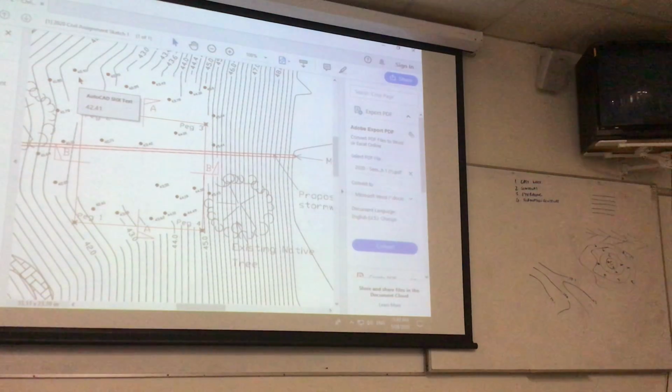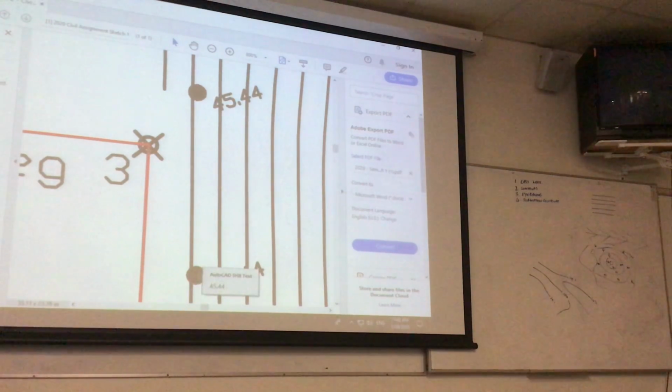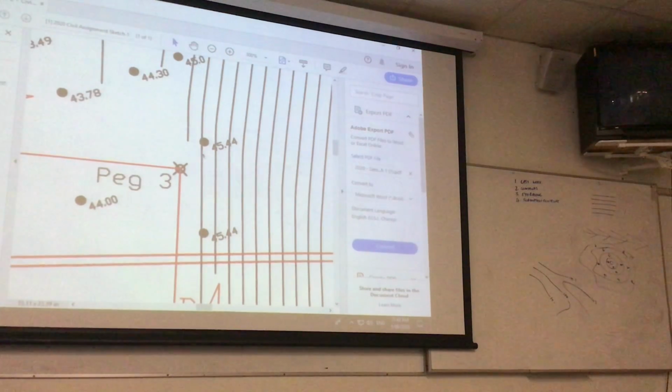Okay, and these ones over here, which are on the wrong side of an existing contour, don't need to be used at all. They're kind of like another little tricky one that I put in there. Because they're on the other side of existing contours, you can't connect to them because you're going through a contour to connect to it.